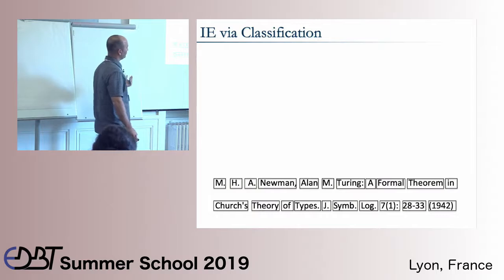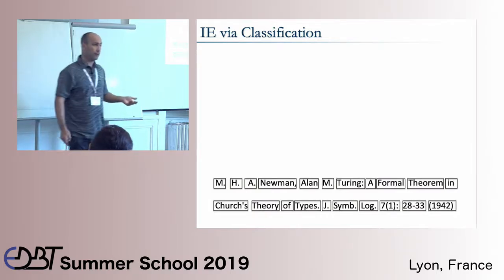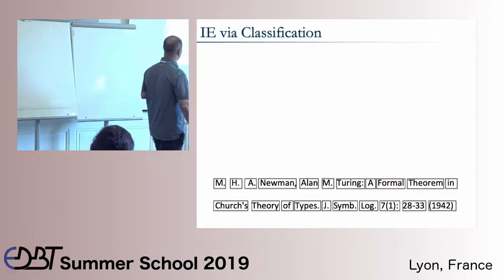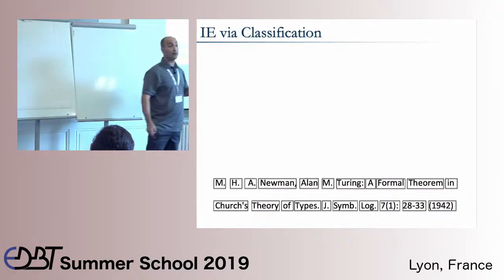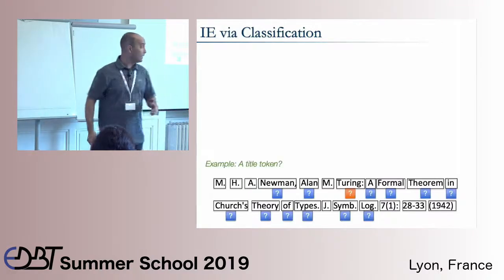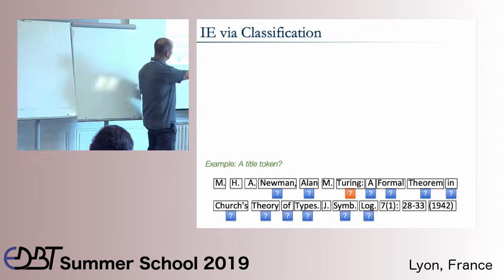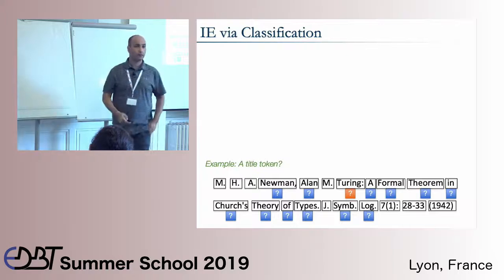So one direct way of using classical machine learning is by transforming this problem into a classification problem, right? Suppose that we want to learn and guess what the label of this specific token is.